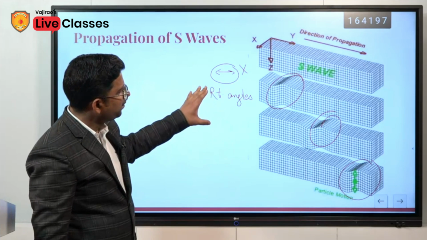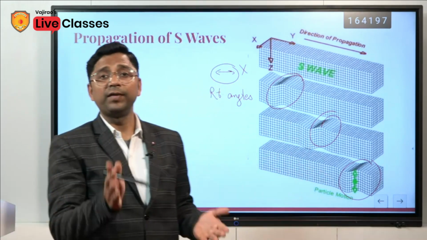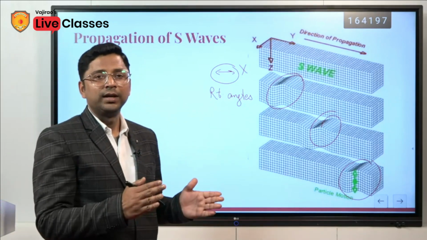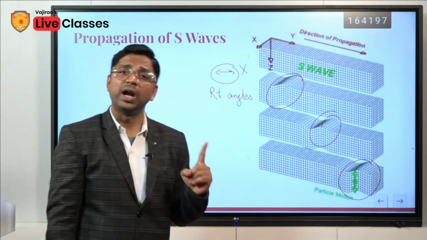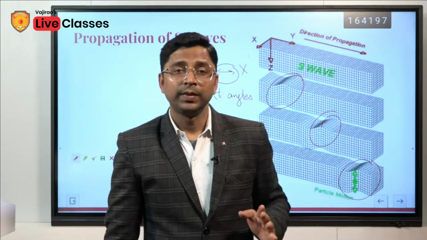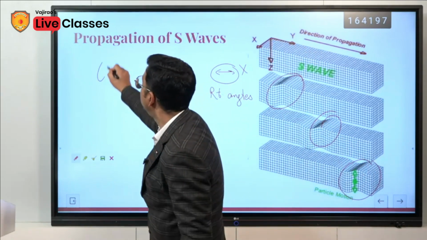Okay, so the S waves travel in a different way, and the speed of S waves is lesser than the P waves. There is one very important characteristic linked with the S waves: these waves travel only in solids.